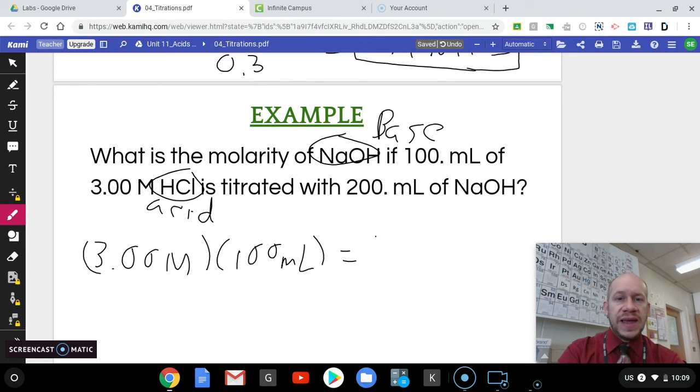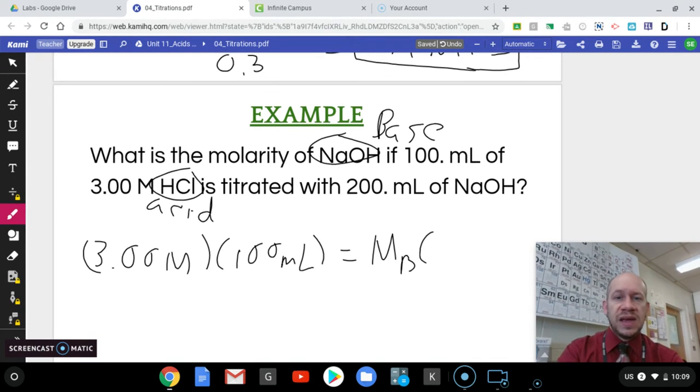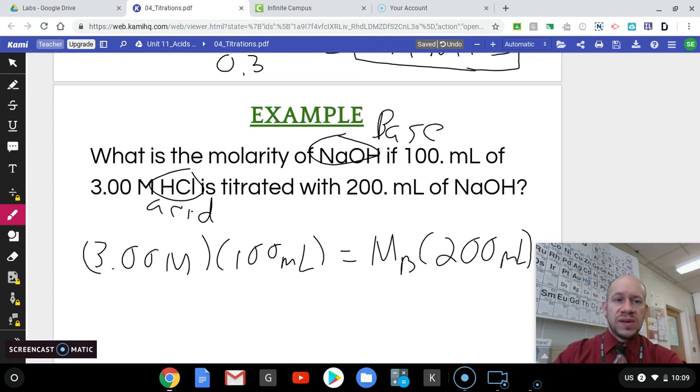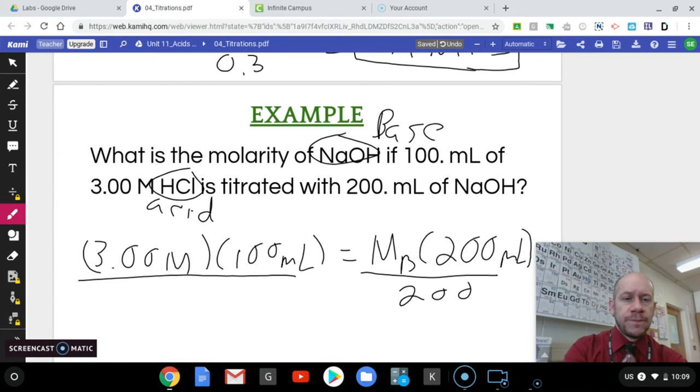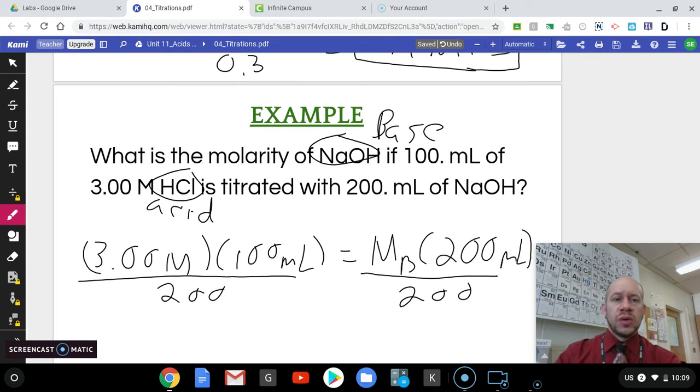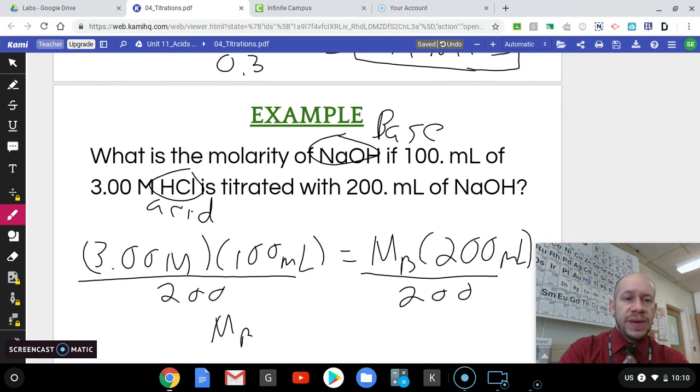We want to know the molarity of our base if we have 200 milliliters of it. So we'll take 3 times 100 and divide by 200. So 300 divided by 200 will be 1.5. So the molarity of our base is equal to 1.5 molar NaOH.